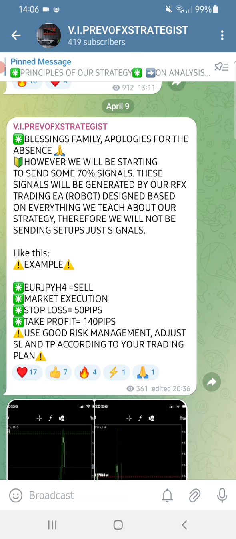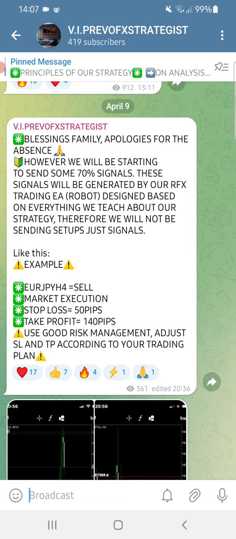These signals will be generated by our RFX trading EA or robot, designed based on everything we teach about our strategy. Therefore, we will not be sending setups, just signals. Before, I would send setups and tell them, okay, you enter at this candle. Now the EA does all that for us. So when it enters, we just follow what the EA tells us.